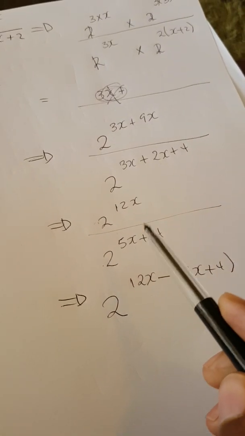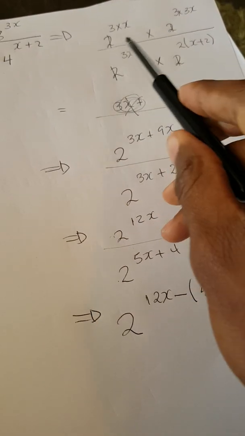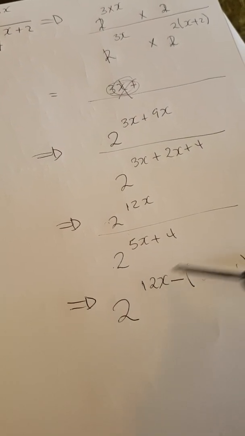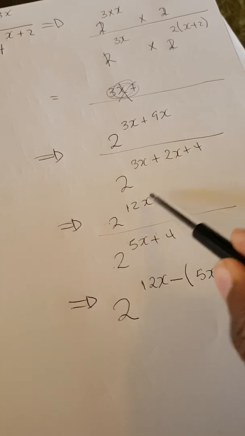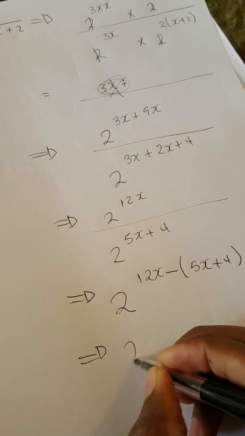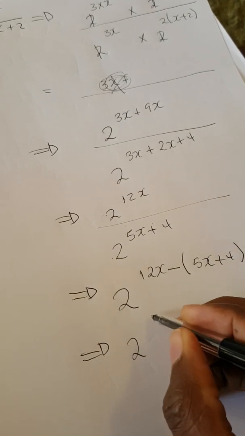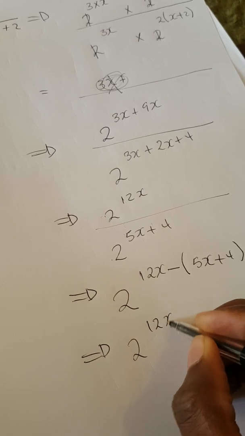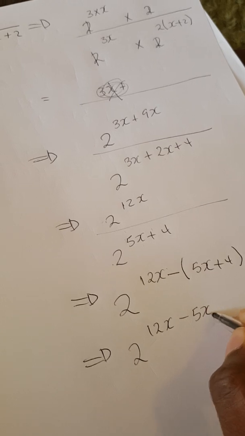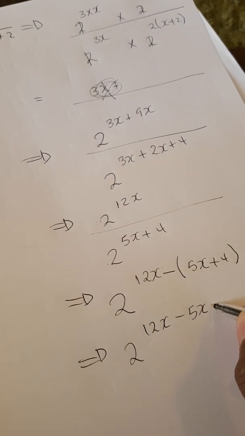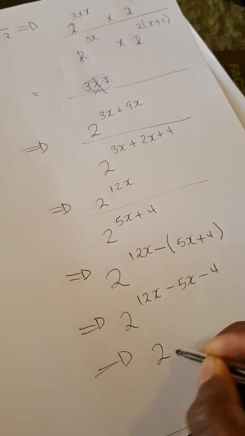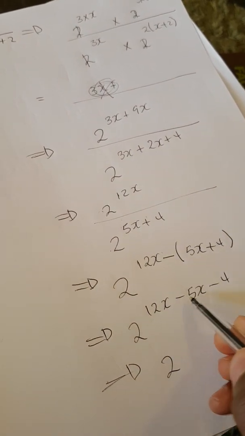So that's the thing, when you multiply you add the exponents, and when you divide you subtract the exponents. So I'm subtracting this exponent from this one, and then it's going to be equal to 2 to the power of 12x, negative times 5x is negative 5x, negative times 4 is negative 4, and then your answer will be equal to 2 to the power of 12x minus 5x.